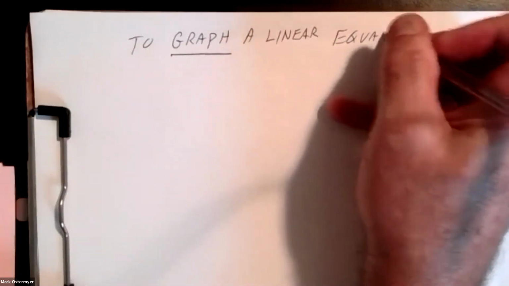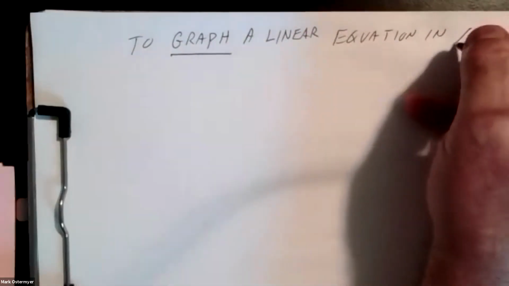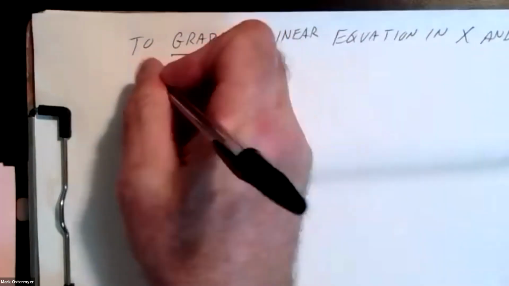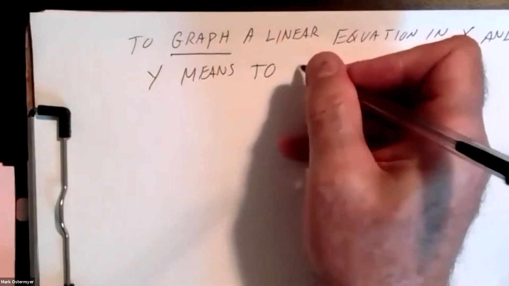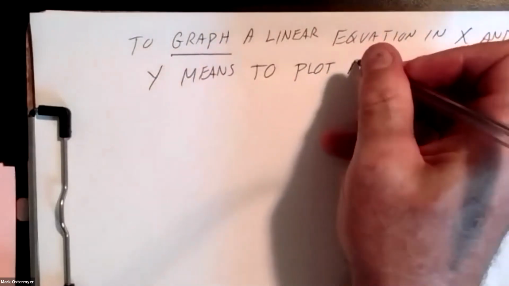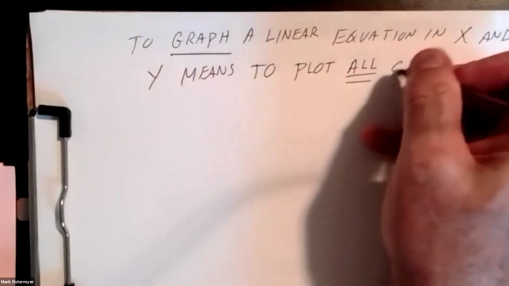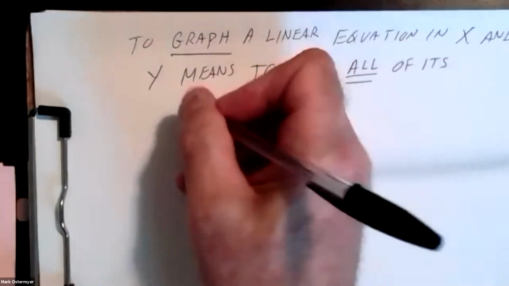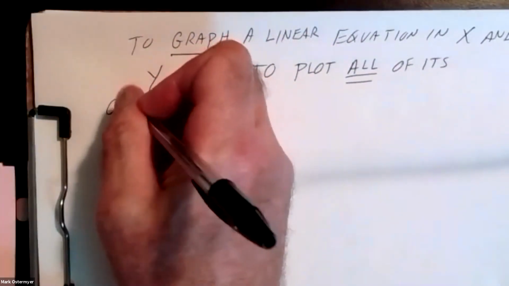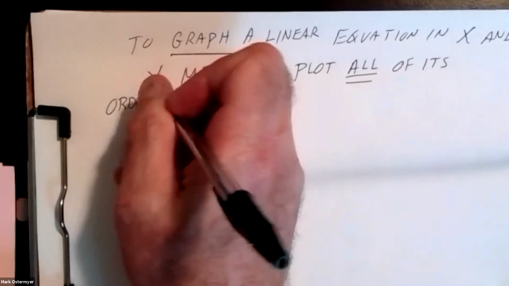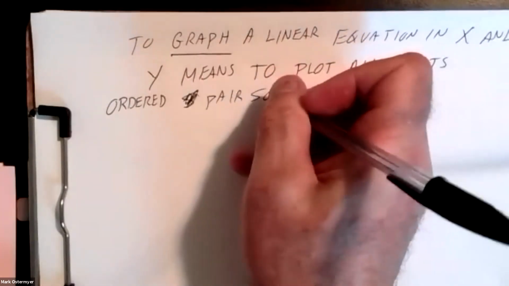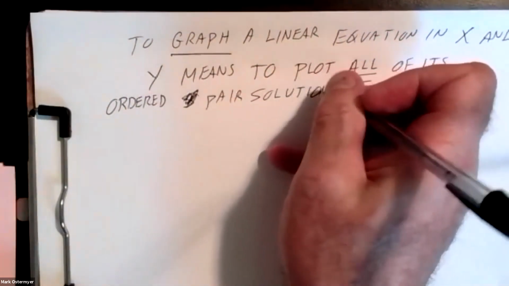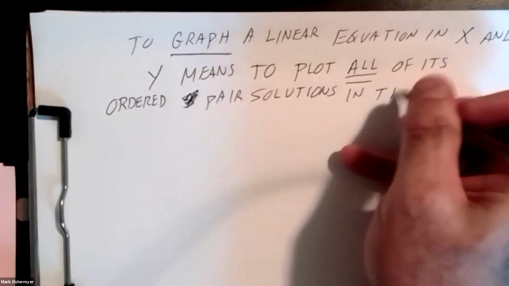To graph a linear equation in x and y means to plot all of its solutions, ordered pair solutions, I might add, in the XY plane.